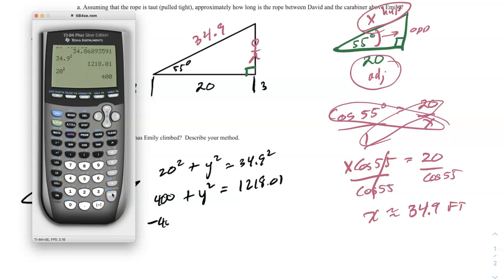Let's solve for y squared. So y squared is going to equal this guy minus 400, about 818.01. And then we're going to square root it. I just want to remind you that the Pythagorean theorem is a way you can do this if you have all sides and you're only missing one side.